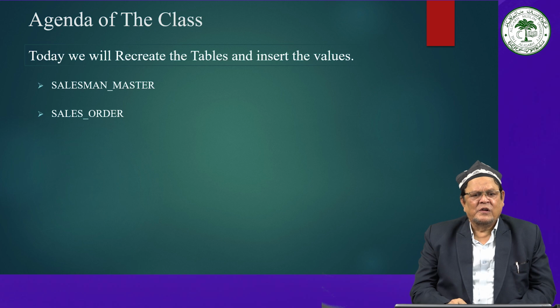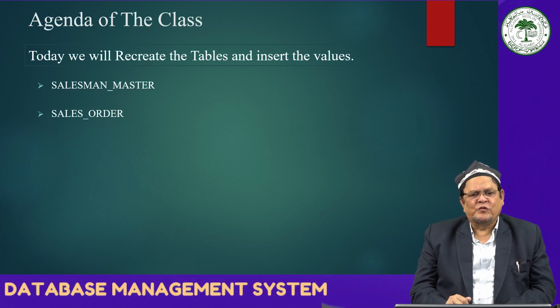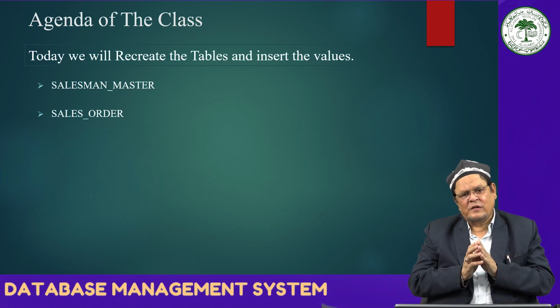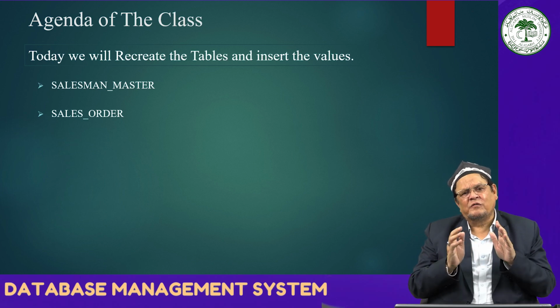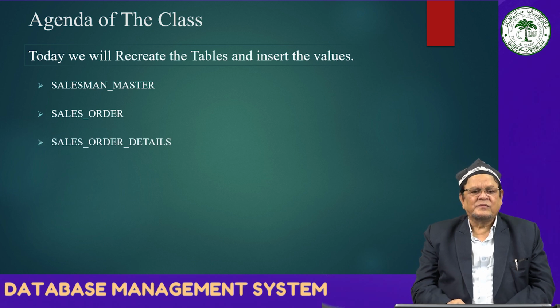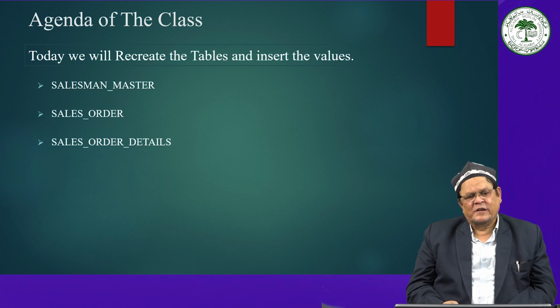The next is sales order. In sales order also, you have to use the create command to make a table of sales order, and insert some values which I have given in the example. The third table you have to create is sales order details, which contains the details of the order, using the create command, and then you have to insert values in that also.